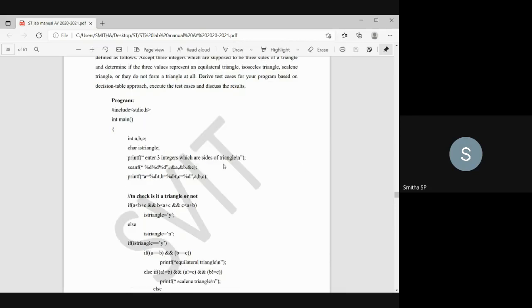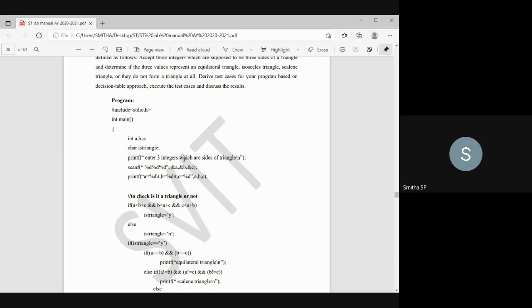The program is the same, so I'll explain in brief. First, you declare the three integers a, b, c, which represent the three sides of a triangle, and a character, triangle. Next, printf: enter the three integers which are the sides of a triangle.